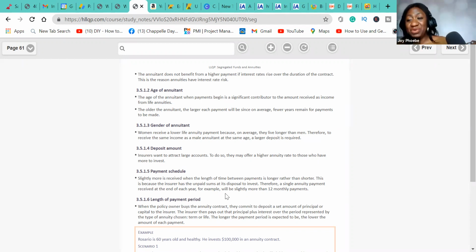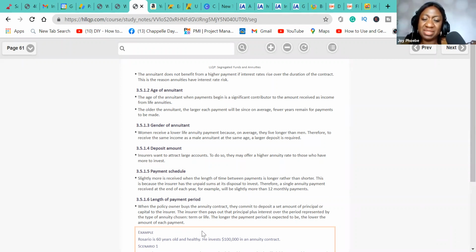Of course, the money you receive is a function of how much you deposit. Deposit amount, payment schedule, if you want money every month, or biannually, or quarterly or stuff like that. The length of payment period.